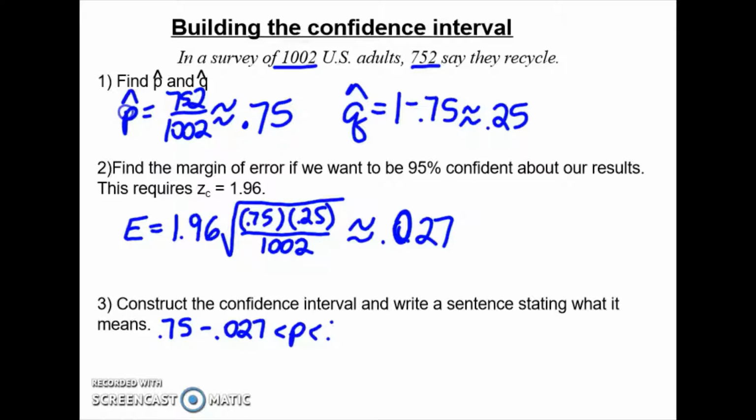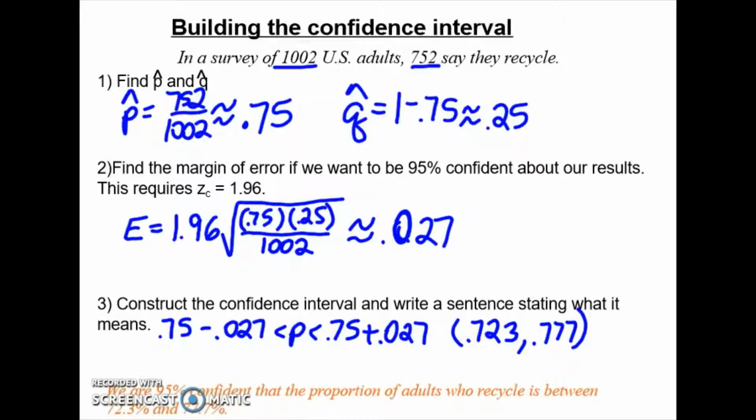And on the upper end, I would take my 75 hundredths and add the 27 thousandths, which would take me to 723 thousandths on the lower end and 777 thousandths on the upper end. What does that mean? If I want to look at it as percentages, I could say we're 95% confident that the proportion of adults who recycle is between 72.3% and 77.7%.